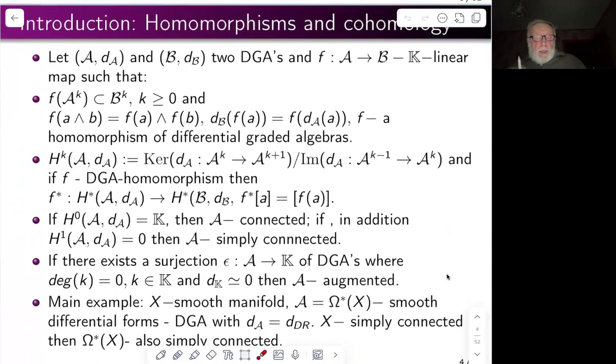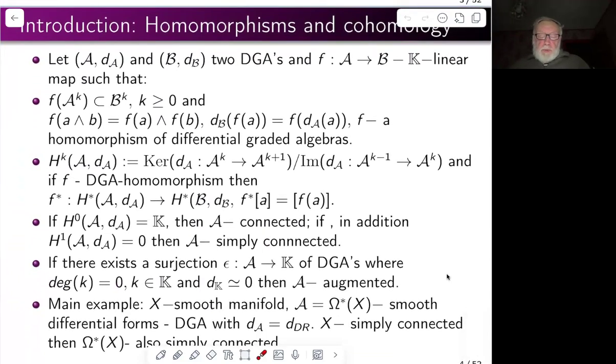Then the operations between such two objects also need to be reminded. If we have two differential graded algebras, then the homomorphism F is a linear map over our scalars, such that elements of degree k are transformed by F into elements of degree k.